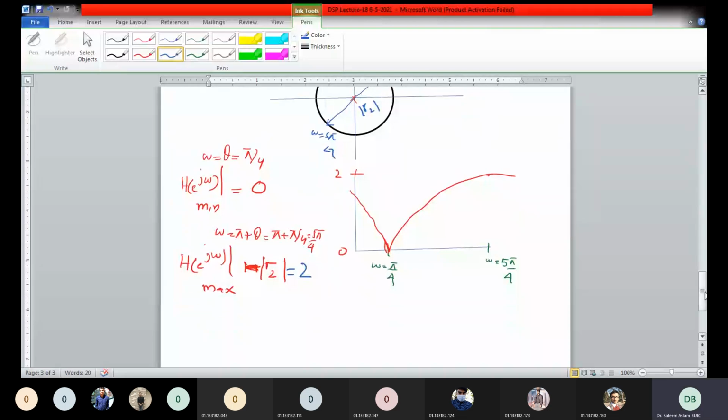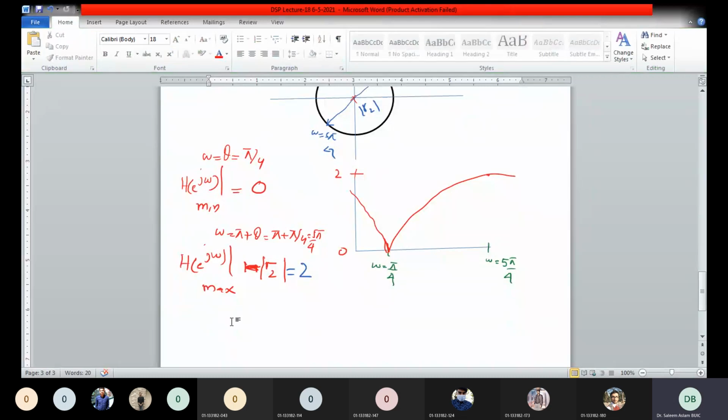So what this system is doing, this system is basically filtering the frequency content of pi by 4.